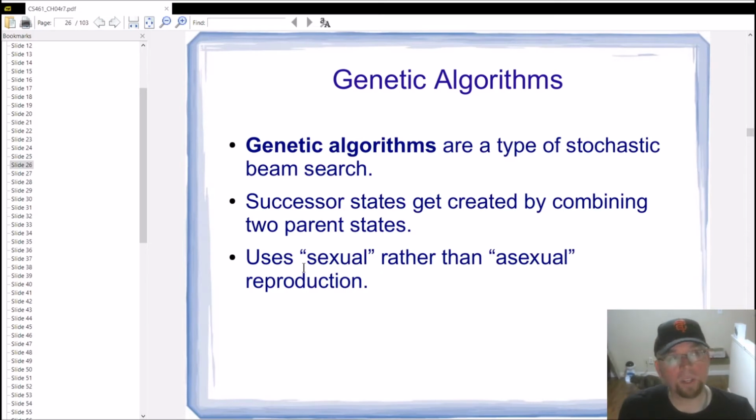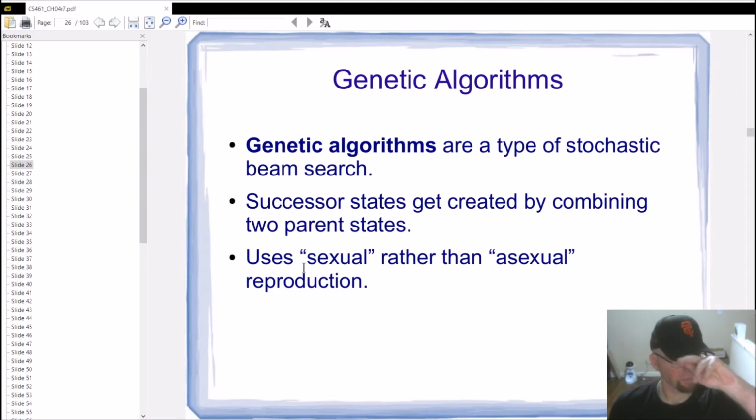So with the hill climbing algorithms that we looked at so far, you had your current node, you generate all the possible successors, and then you pick the one that has the best score according to its objective function. That node with the state that had the best objective score becomes the new current node. That's the next generation, if you will.